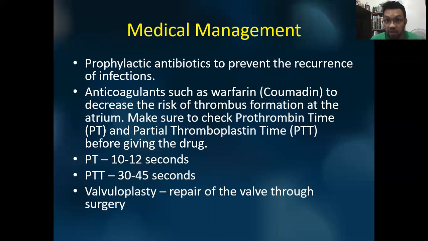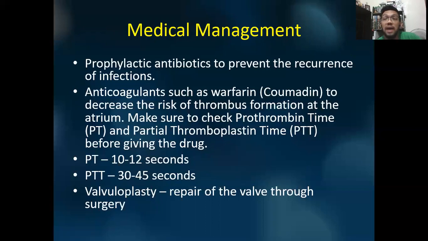If there is an increased pressure of blood building up inside a chamber, the tendency is for it to produce thrombi or thrombus. And while giving warfarin, make sure that we are going to check the prothrombin time and also the partial thromboplastin time before giving the drug.